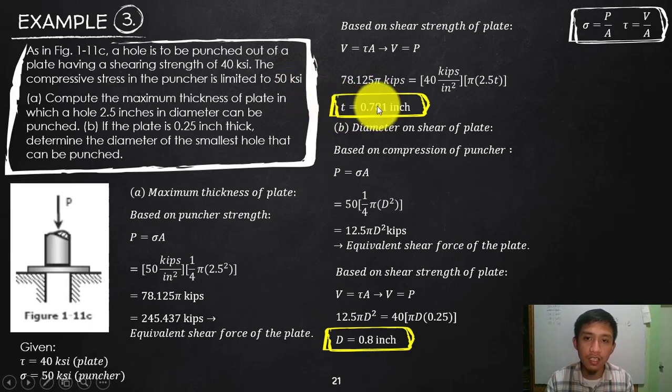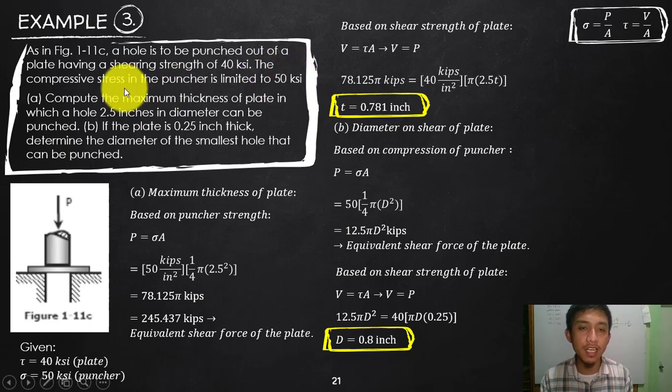That is the only maximum thickness that we can punch for us not to exceed the 50 KSI, because if we try to exceed that, that is the strength of the puncher, it will fail. The puncher will deform, or will be destroyed.